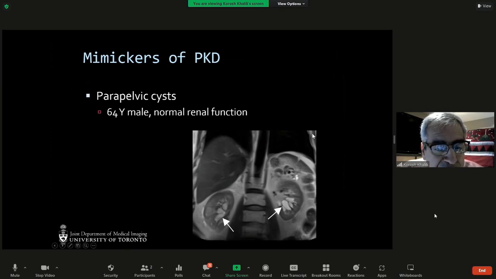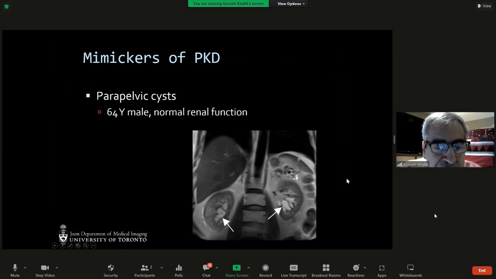Now, another disease that we get occasional referrals that mimics polycystic kidney disease is development of these parapelvic cysts. These are also commonly seen, and sometimes they're very prominent, where they fill the entire central component of the kidney and will look really dramatic.